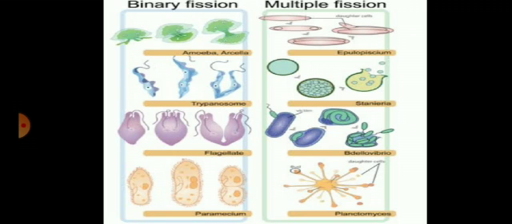In this method, an organism splits itself into two parts. For example, flatworms, sea anemones and sea cucumbers divide into two halves and regenerate the other half in each of the resulting individuals.